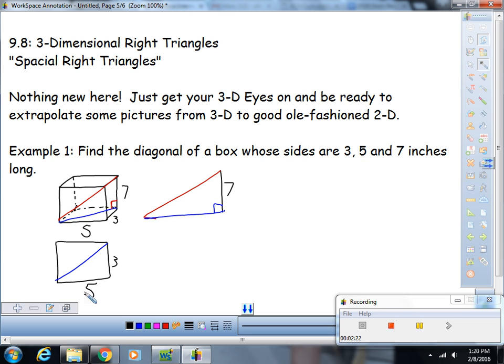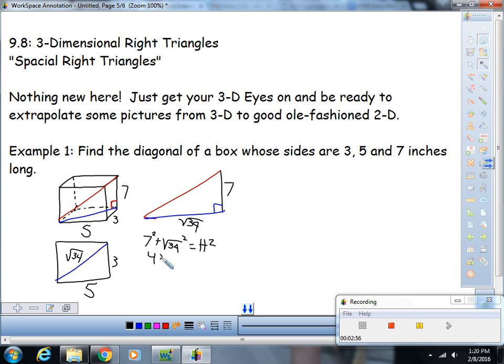So the blue diagonal will be the square root of 25 plus 9, and that's just going to be radical 34. That's as good as we can do for that one. Now we know that the blue diagonal is radical 34. So the red hypotenuse, which is the diagonal of the entire box, would be 7 squared plus radical 34 squared is h squared.